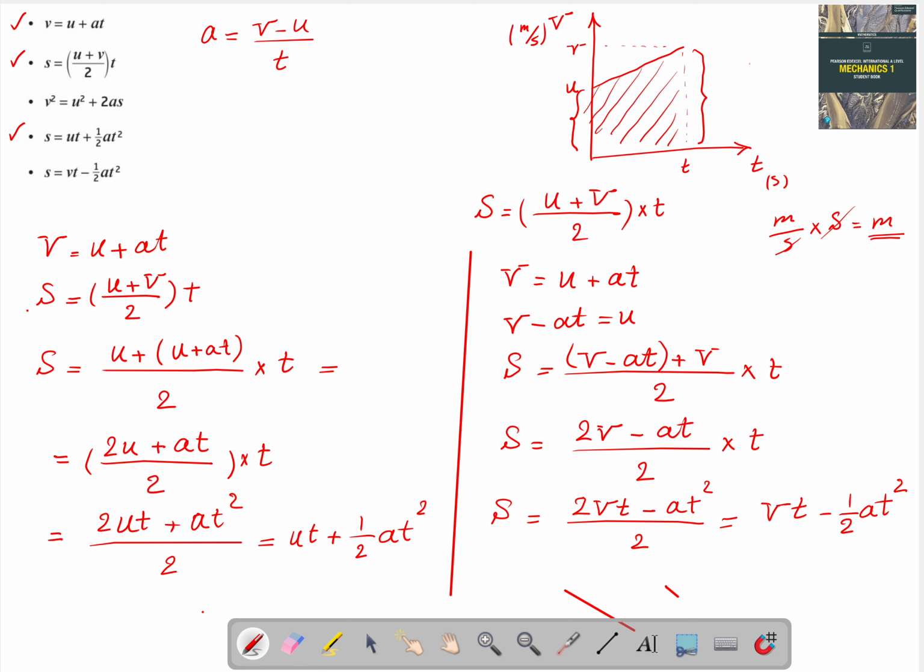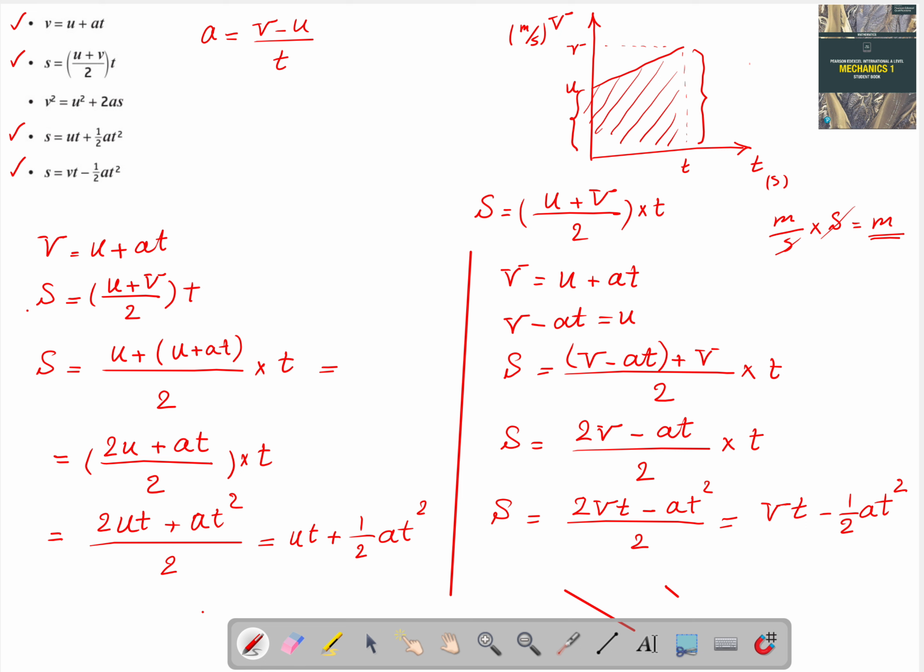So you found the last formula. Okay. If you pay attention to the third formula, this is the only formula that we don't have time. It means that we are going to rearrange the first formula, finding t equals something, and then insert it into this formula and find the third formula.